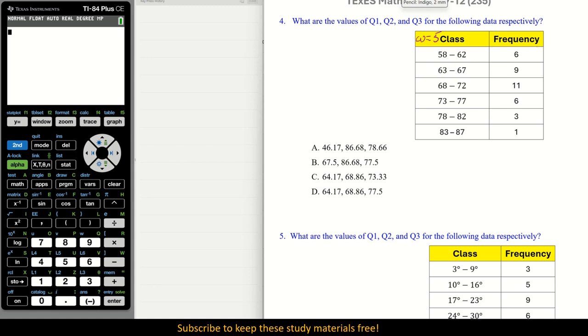Okay, so let's begin with Q1, and then we'll have Q2, and then we'll have Q3. All right, so we have a total of 36. If we divide that by 4, we will have 9.